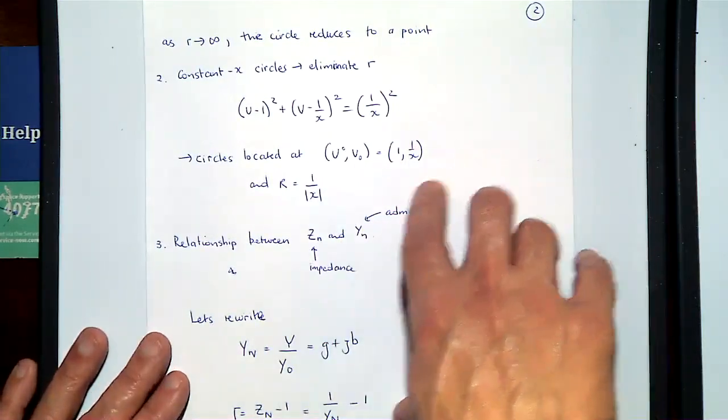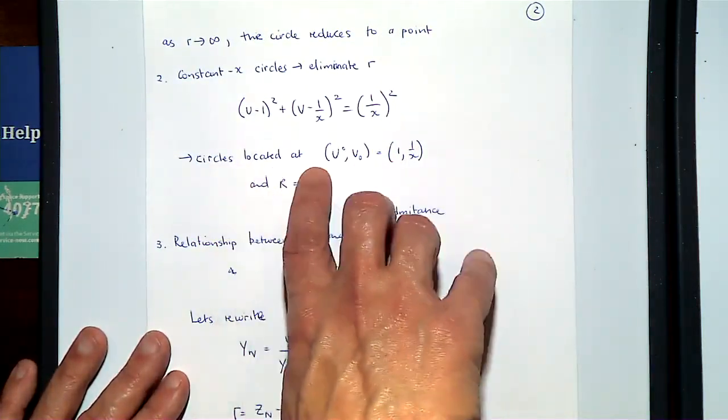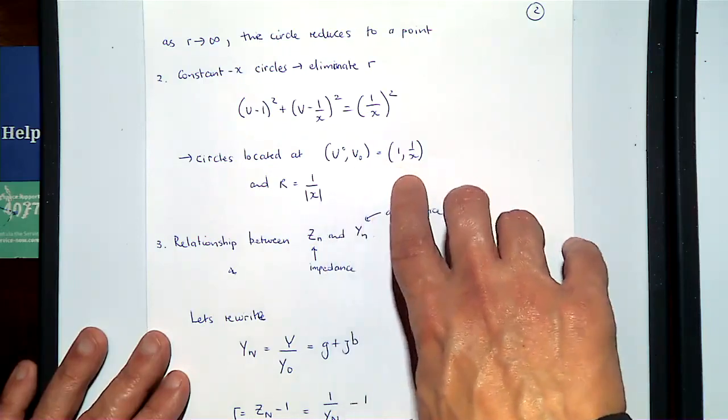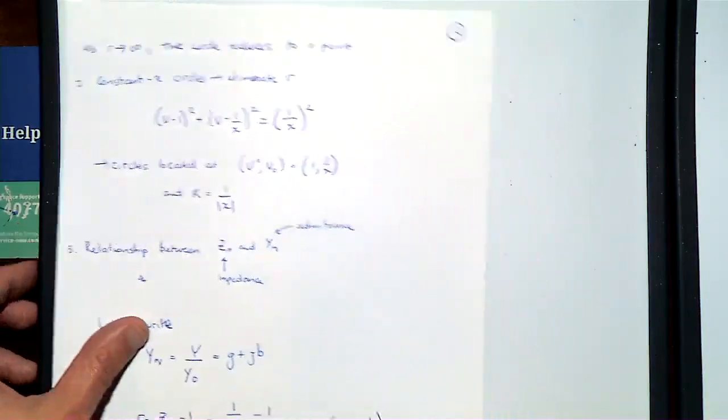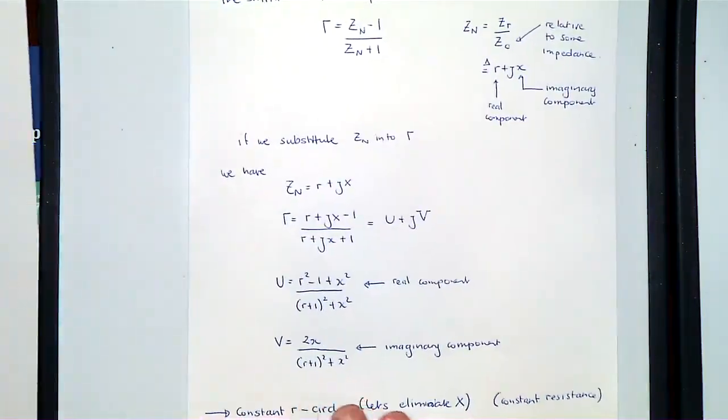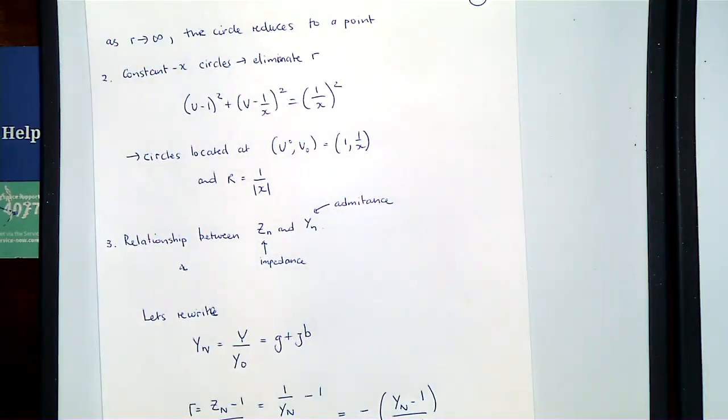If you go through the process, you can show that these circles are located at U, V, 1, 1 on X. So essentially all we've done is graphically determine ways to draw our reflection coefficient in terms of constant resistance circles and constant reactance circles, and worked out where they lie on this new reference which we've defined.